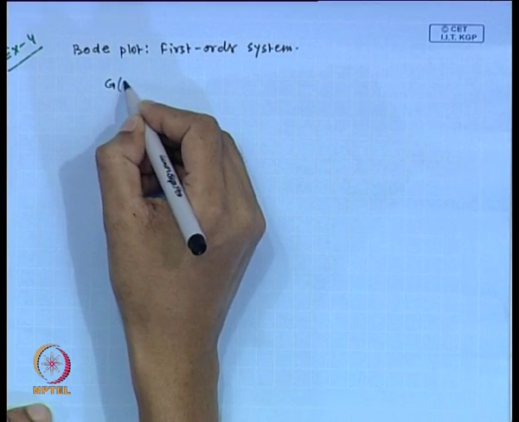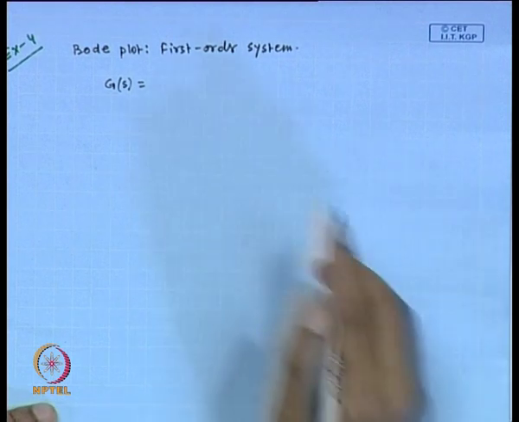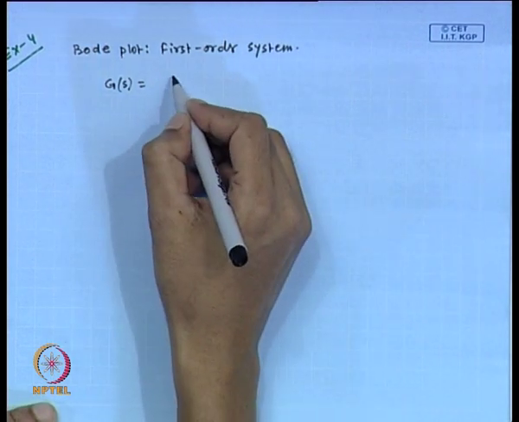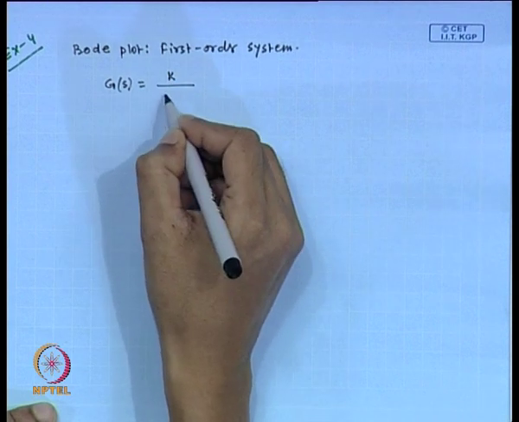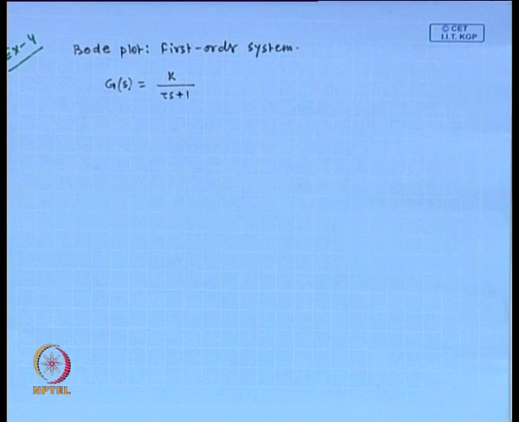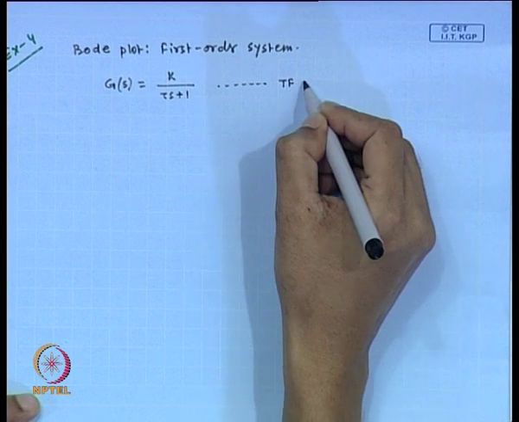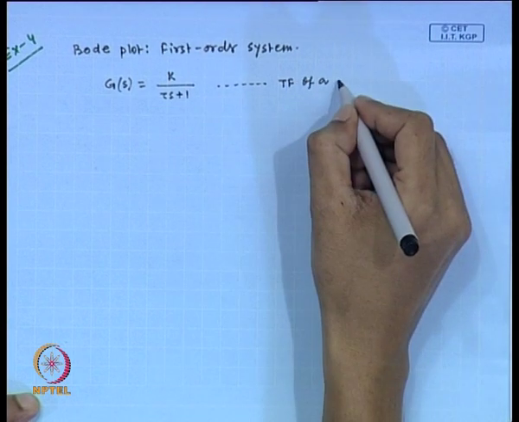So, to construct the Bode plot, we need to consider the transfer function of a first order system. The transfer function of a first order system is represented as, say, G(s) equals K divided by tau s plus 1. We are not considering here the suffix p, which we considered earlier.